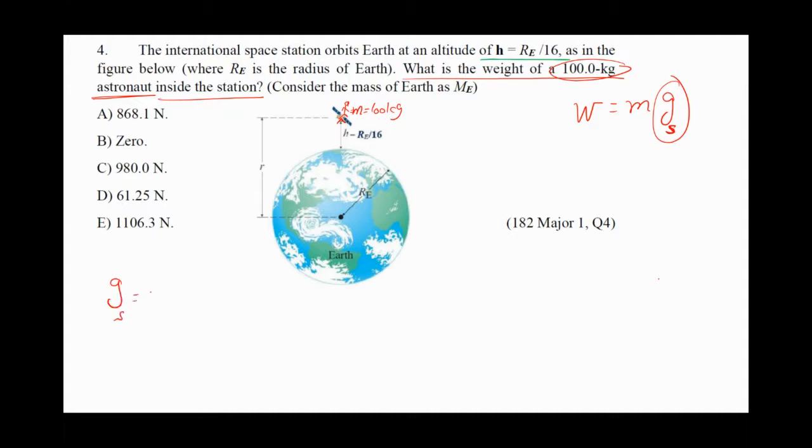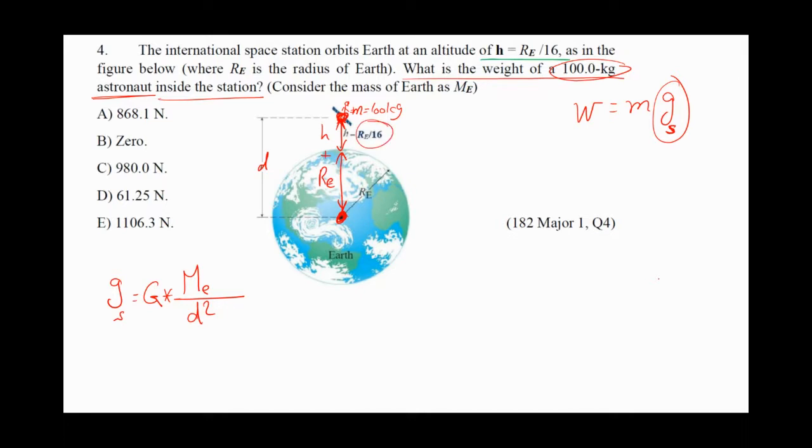GS equals the constant times the mass of Earth divided by the distance squared. It's not here the radius of Earth because the distance, here you call it R, but it's better to call it D, because R usually is a radius. Let's call it D. This is the distance between the center of Earth and the space station, which is the sum of two distances: the radius of Earth plus the h, which is RE over 16.